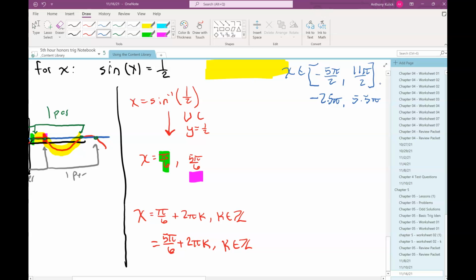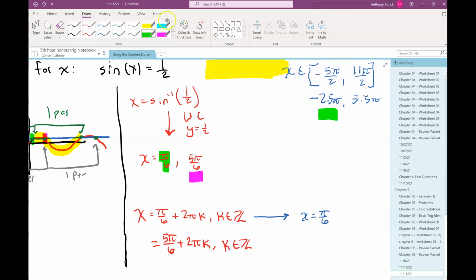Okay, so what are we going to do here? To solve this, I'm going to be using my infinite solution. So I'm going to start with the unit circle solution, and I'm going to subtract 2 pi from this until I get something that's smaller than negative 2.5 pi, in which case I'm going to stop.